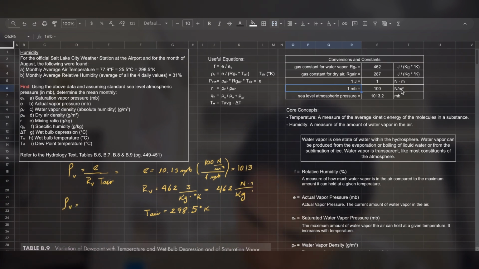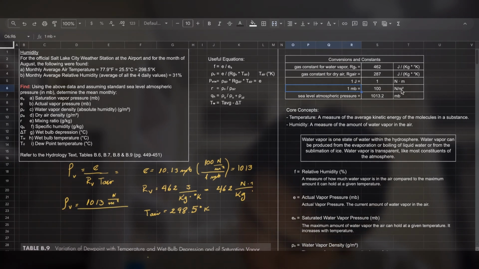This is going to be equal to 10.13 newtons per meter square over 462 newtons meter over kilograms degree Kelvin times 298.5 degrees Kelvin.